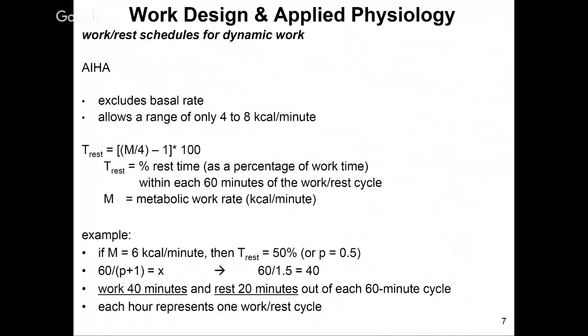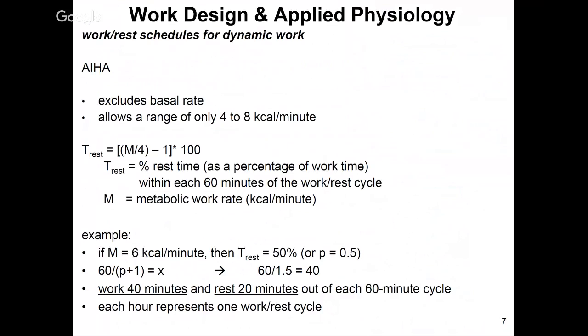For dynamic work, the American Industrial Hygiene Association has some work rest schedules that they recommend using. I'm not real familiar with these, even though I am a member of AIHA and active in the local and national groups.